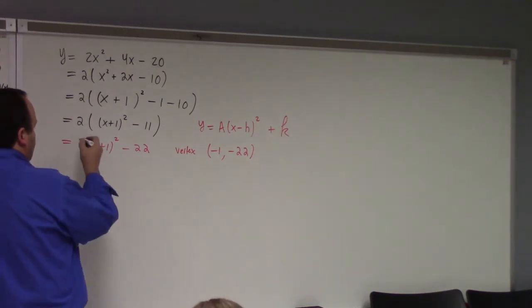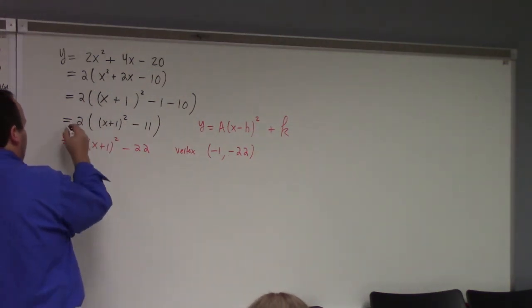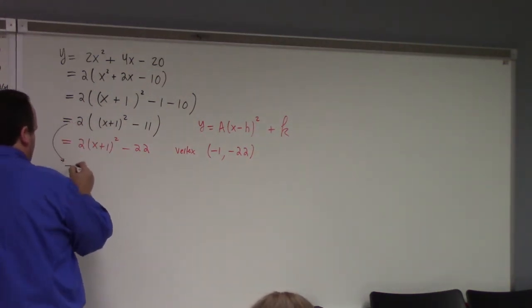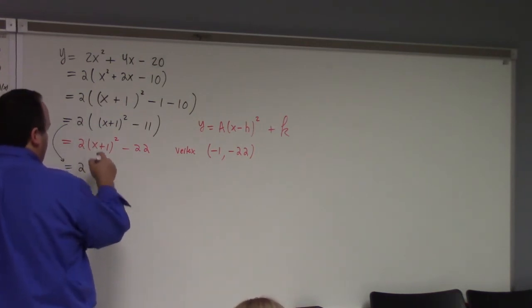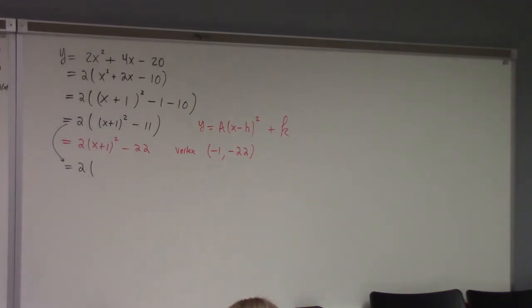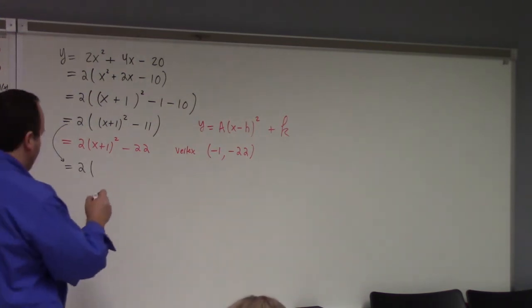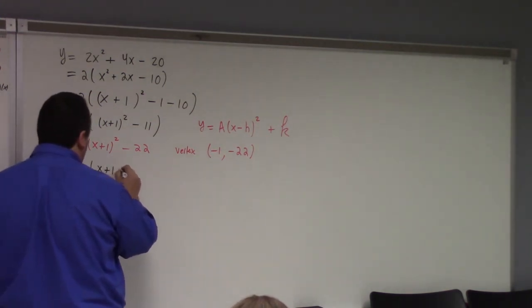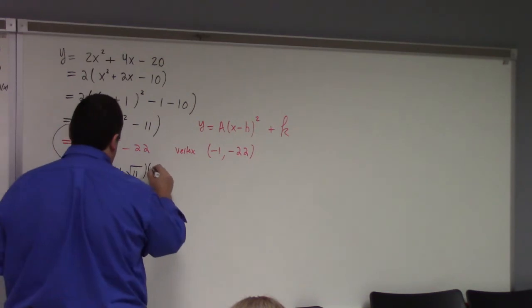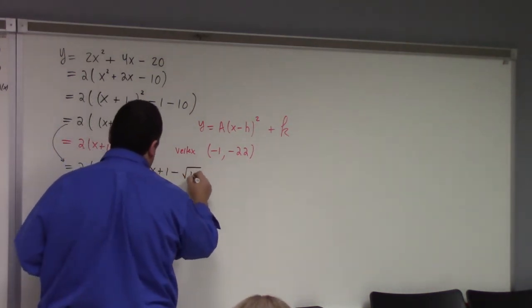To see x-intercepts, I'm going to undo what I just did and go back up to here. We've got 2 times what? So you have x plus 1 squared minus 11, which we can factor as x plus 1 plus the square root of 11 times x plus 1 minus the square root of 11.